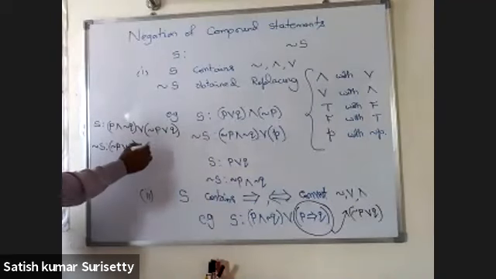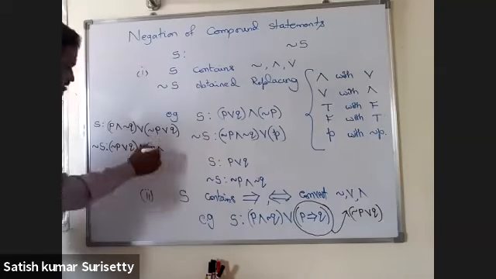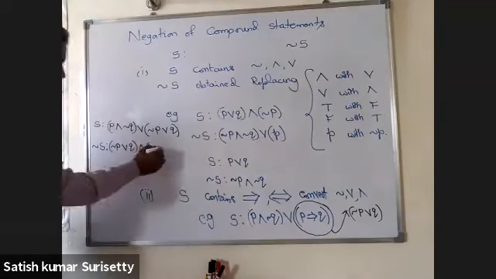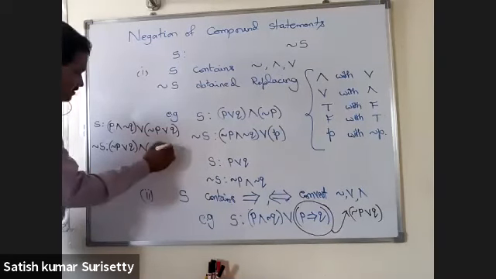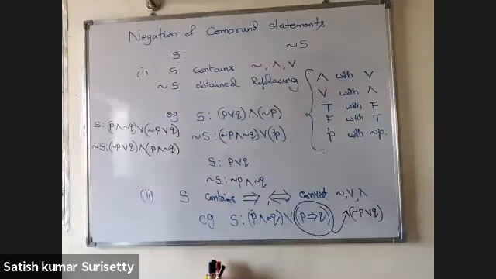Negation of P becomes P. The or becomes and. Q becomes negation of Q. So this chapter comes in JEE Mains. Yes, it is there. One question is compulsory in the JEE Mains, but not in Advanced.